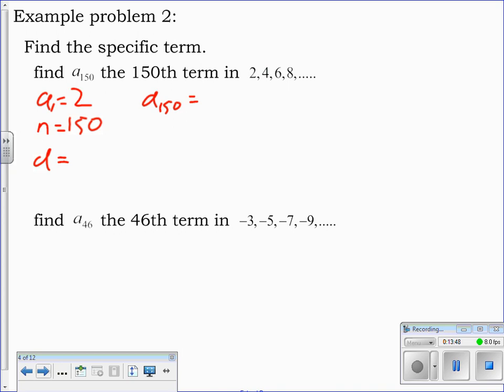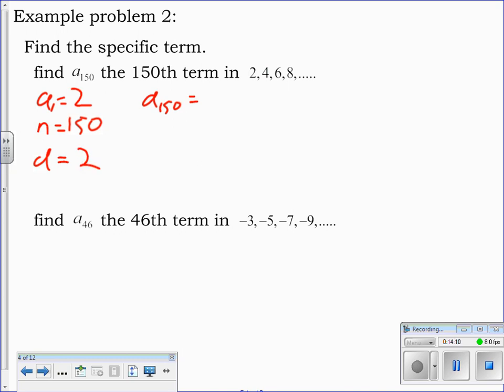What's the other thing I need? I need my difference. I have not been told my difference, but I know how to deduce my difference. Do I not? 2, 4, 8. What's my d? 2, because it goes up by 2 each time.